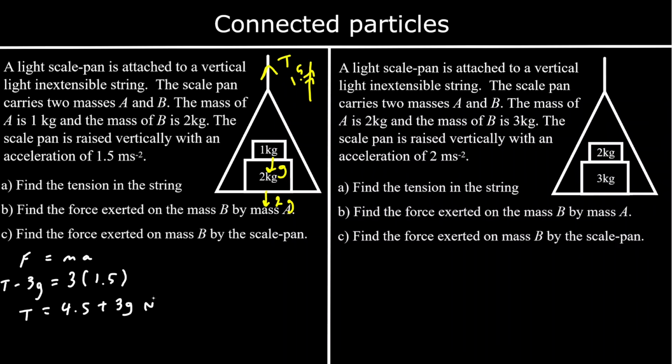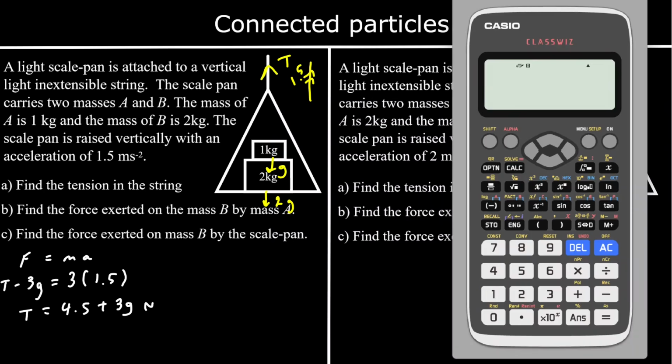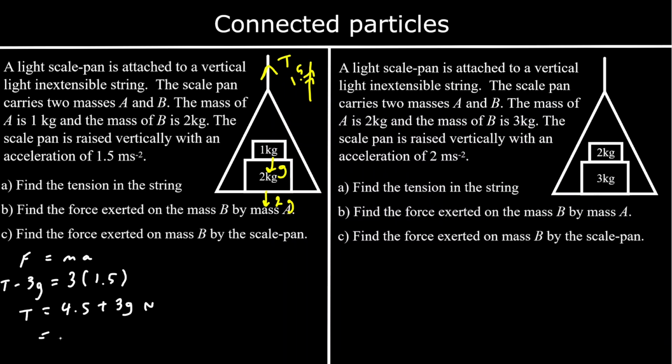Newtons, in terms of g, we can also give it as a decimal as long as we only give our answer to 2 or 3 significant figures. So we get 33.9 newtons.